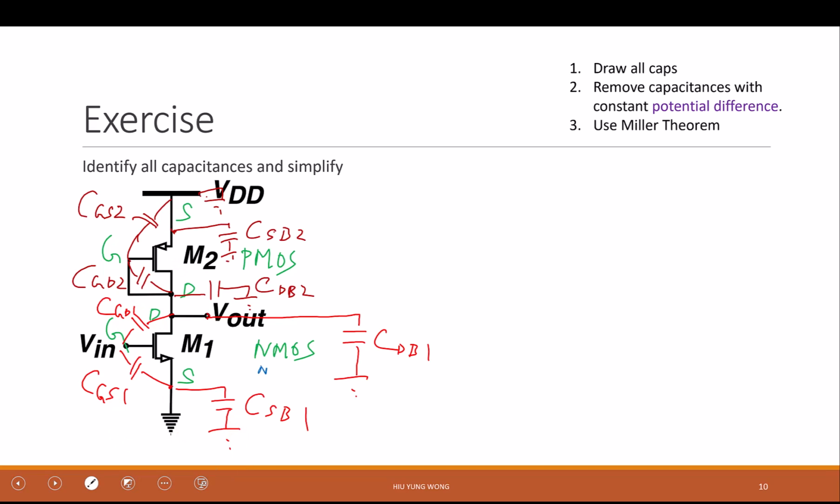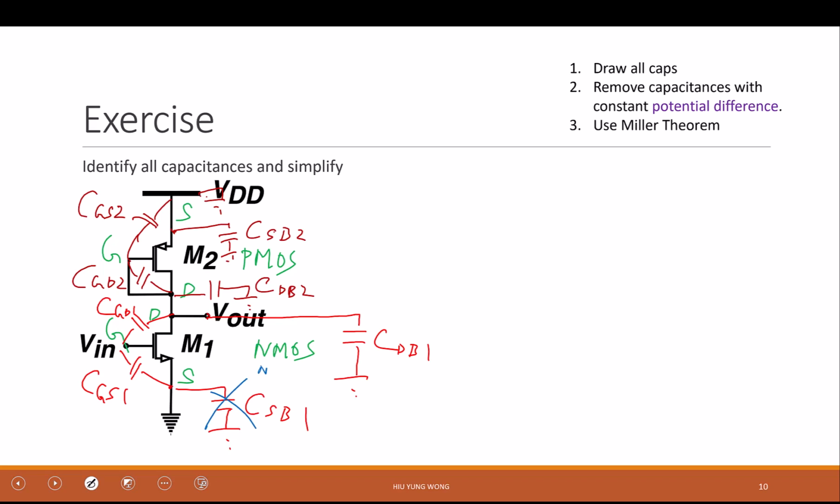That means I'm not going to draw any current. If I'm not going to draw any current, it means as if I'm not there, right? You invite many friends to your party, but they just don't eat. You don't need to count them when you order the food. As simple as this, right? So this one can be gone.